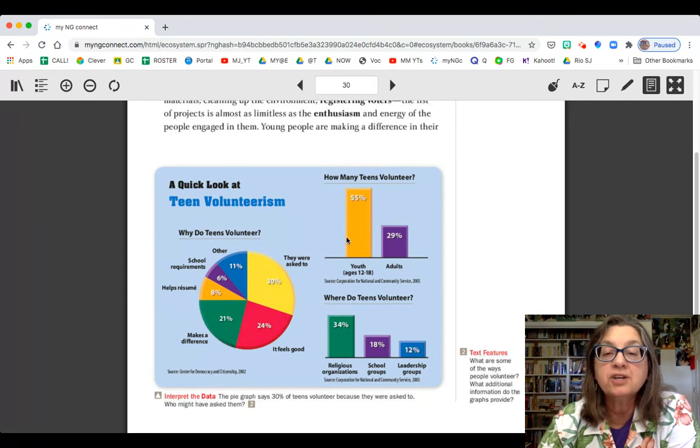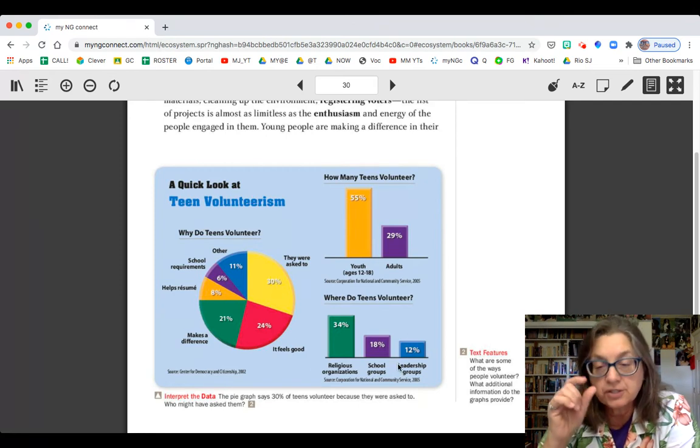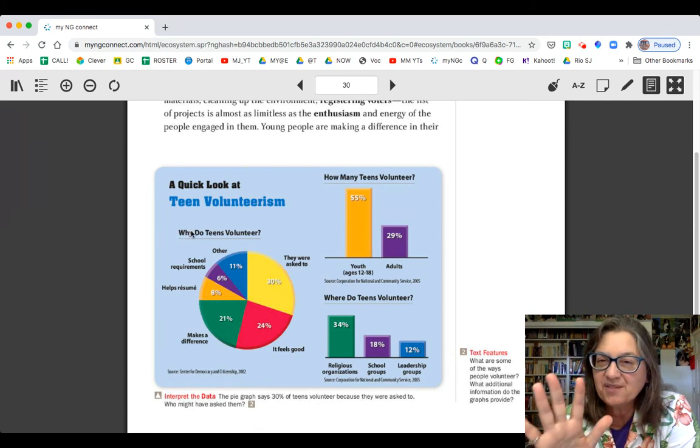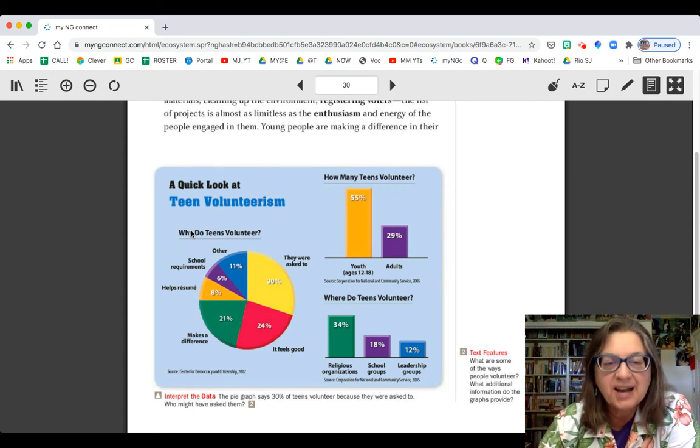We have a pie chart and 2 different bar charts. So we've got a couple of different questions. Again, thinking of those 5 W's and how: why, where, how. 3 different questions about teen volunteerism.